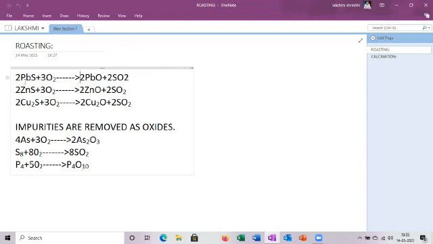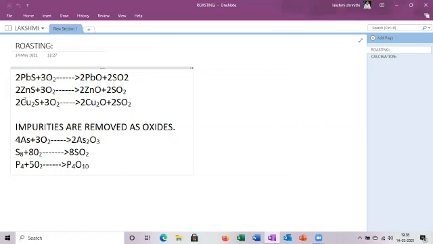Here, galena is converted into its oxide form, and we supply excess of air. Similarly, zinc sulfide is converted to zinc oxide. Copper sulfide, 2Cu2S plus 3O2, gets converted to 2Cu2O plus 2SO2.